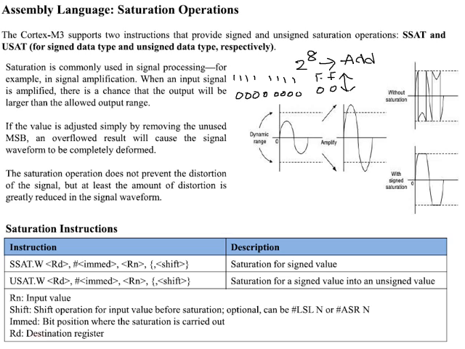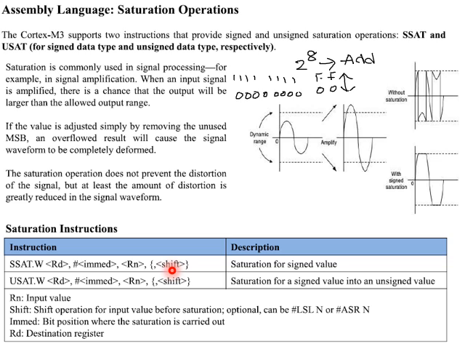So saturation instructions, how they are executed. For signed we use the prefix S, for unsigned we use the prefix U. So SSAT is for signed saturation, USAT is for unsigned saturation. We have Rd, the register onto which you want to apply the saturation with how much length, which is specified here, and this Rn register will be shifted either left or right.